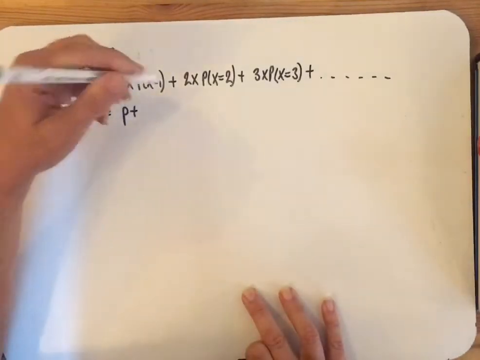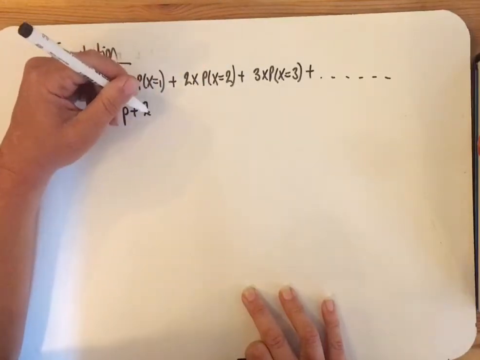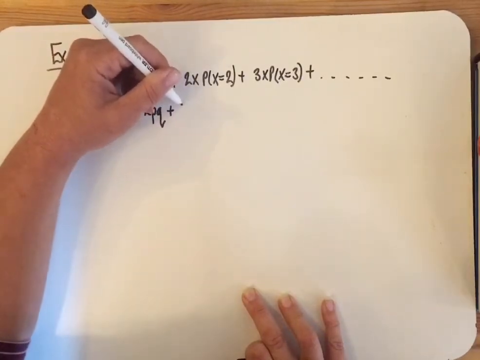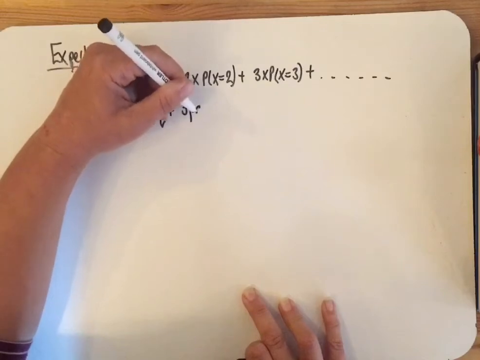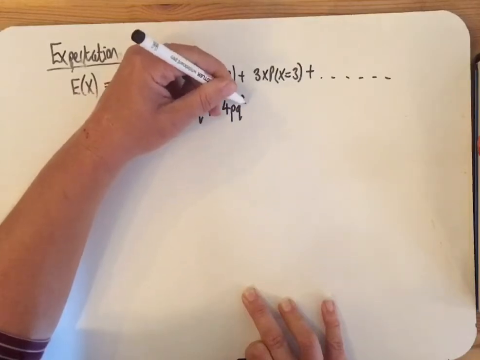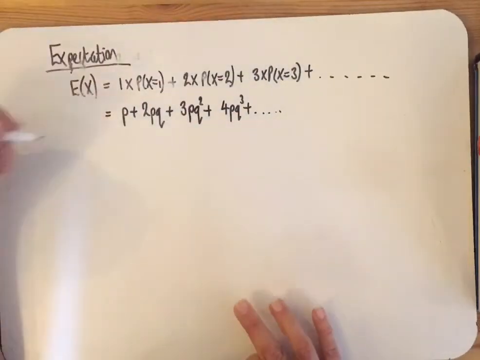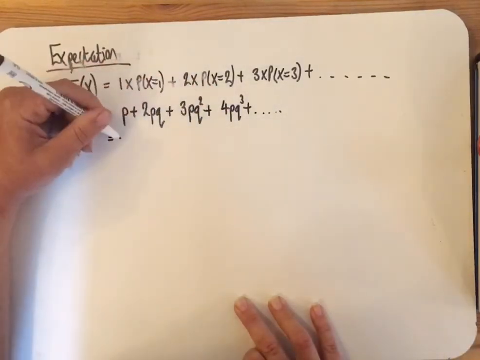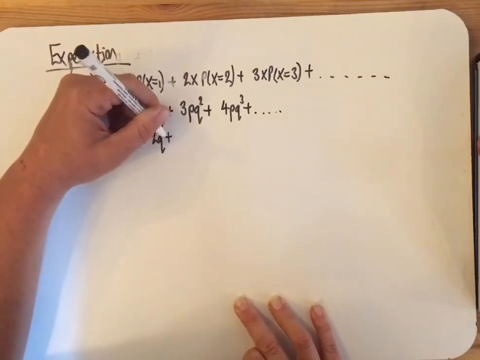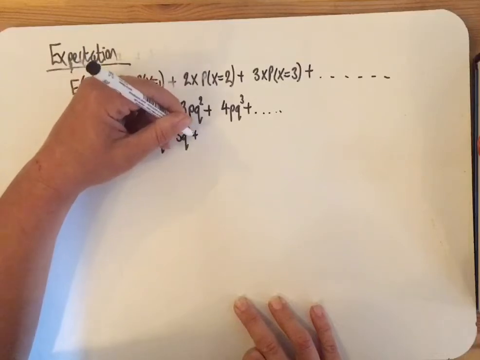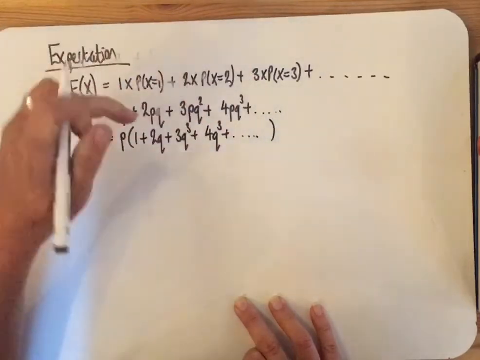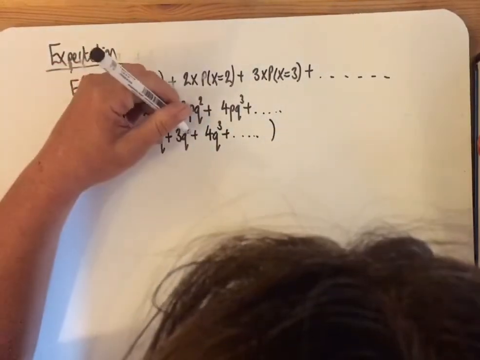The probability X equals 2 is qp, but I'll write that as pq. The probability X equals 3 is pq squared, since you won't have got a success twice, and then it'll be 4pq cubed, etc. So I can now pull a p out again, and we end up with 1 plus 2q plus 3q squared plus 4q cubed plus, in that bracket, sorry, that should be a squared, I don't know why I wrote cubed.